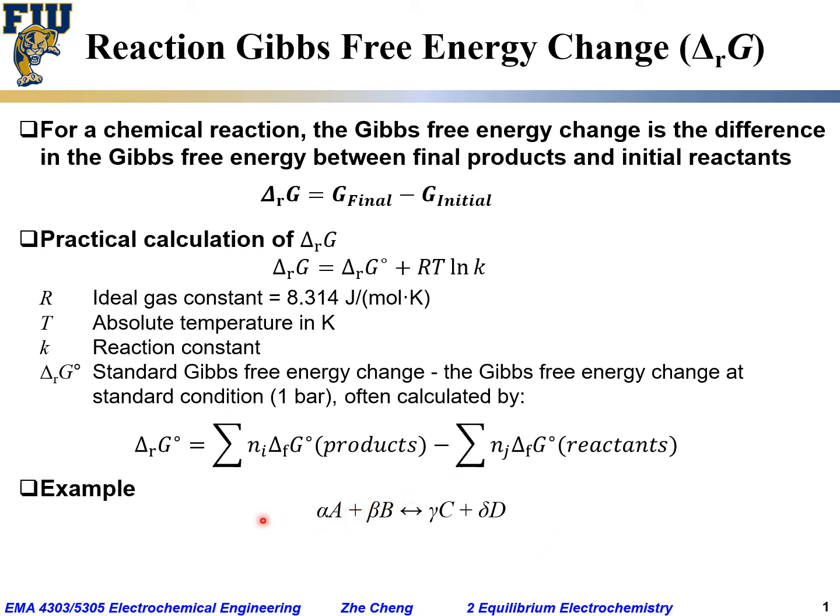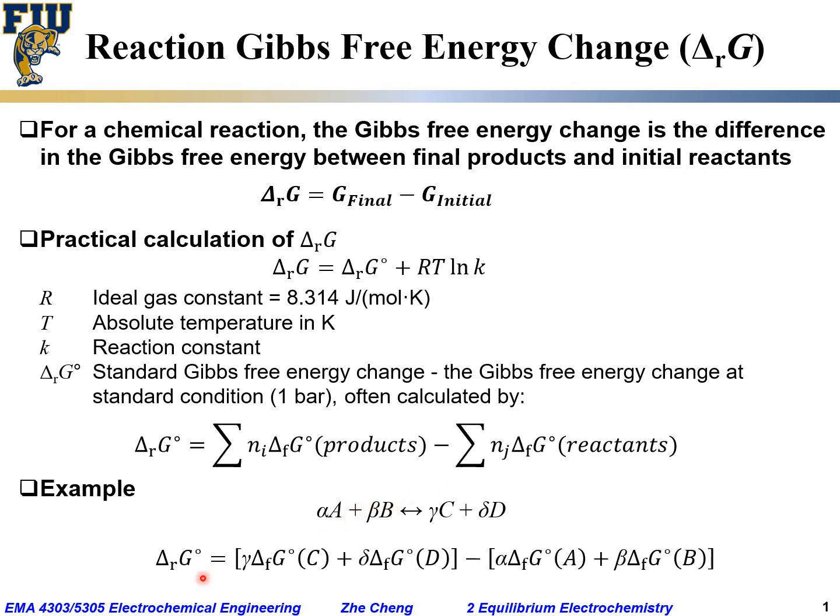So for this hypothetical reaction, the delta RG0, the standard Gibbs free energy change, delta for change, G for Gibbs free energy, R for reaction, 0 means it's under standard state at 1 bar of pressure.